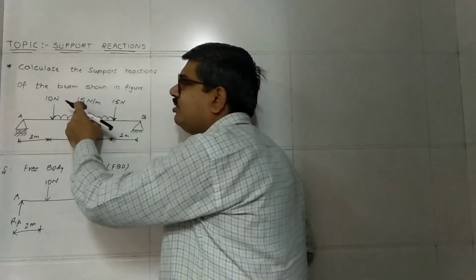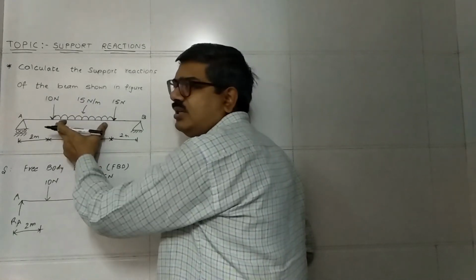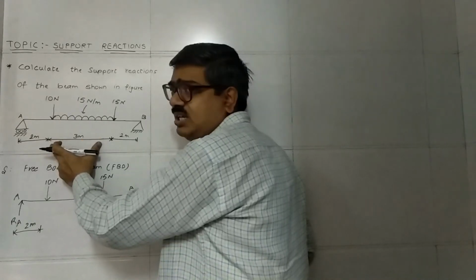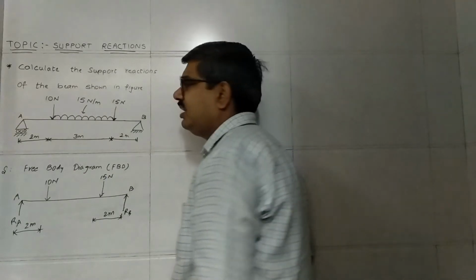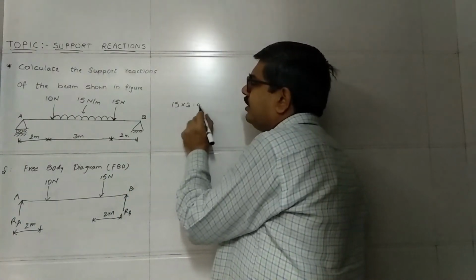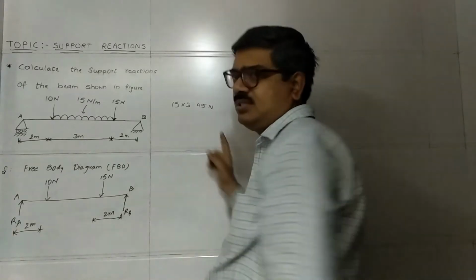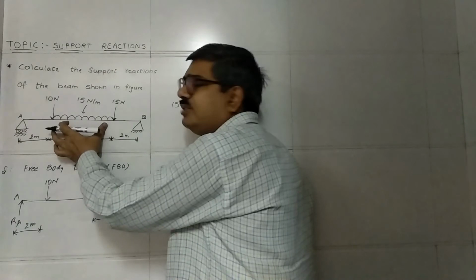Multiply the magnitude with its span, only the span of the UDL. The length of the UDL here is 3 meters. So multiply these two values, 15 into 3, you will get 45. So 45 newtons is the point load equivalent to this UDL.